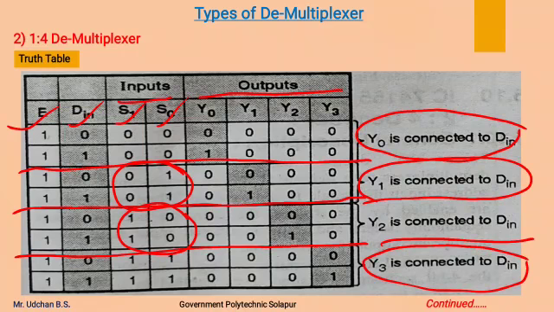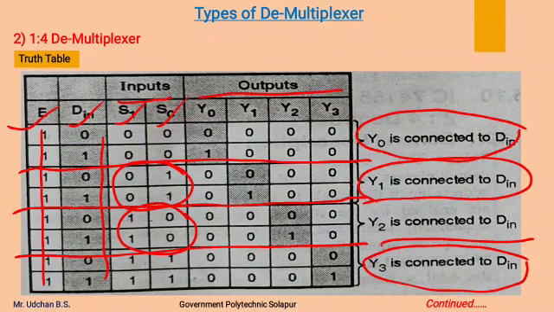Here enable input is 1, so the demultiplexer will not be disabled, that is it is enabled, as enable input is 1. So the available data input can appear over the selected output line.